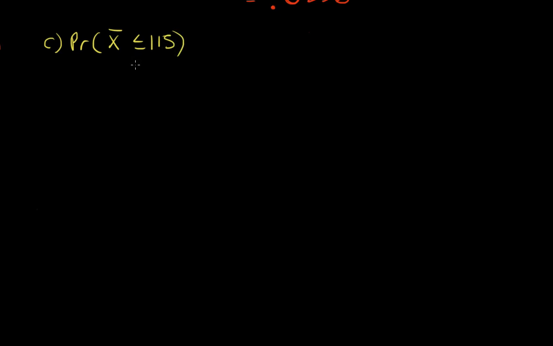Now, x bar is not binomially distributed. X bar is the sample average of 25 samples. Recall x is binomially distributed, but x bar, the sample mean of those x's, is not.